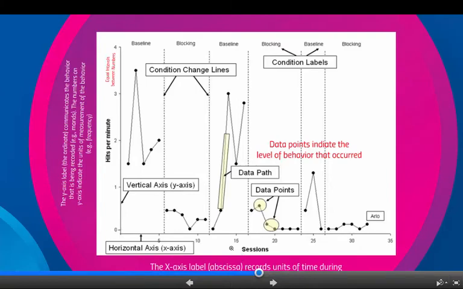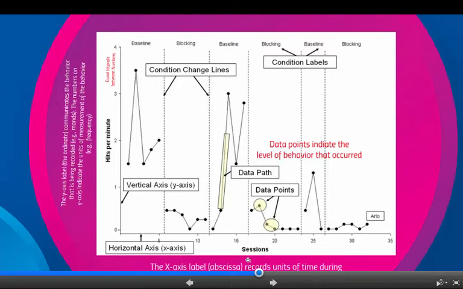The other thing I want to point out are the data points. Of course, this is simplistic. All of you certainly have plenty of experience looking at graph data and data points. There will be a legend on many graphs because at times multiple behaviors could be recorded on the same graph. So the legend will indicate to you that the filled circle, for example, as a data point means one thing or represents or designates one behavior.